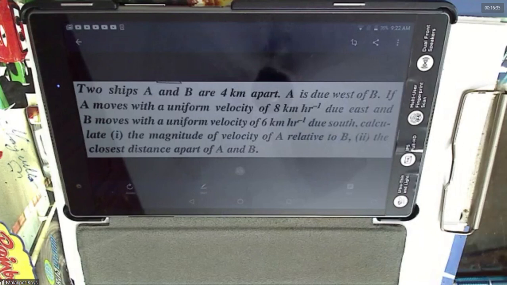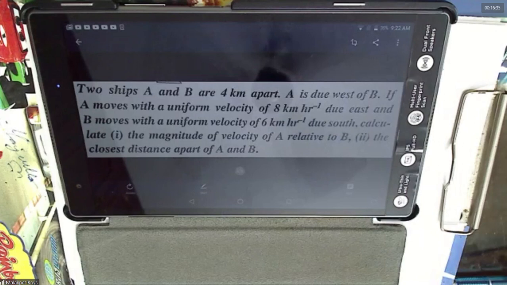Okay, come back to us. There are 2 ships like yesterday only, but we'll do by different methods. First, we'll mark east, west, north, south. As per the question, there is one car here, another car here. 2 ships, A is due west.